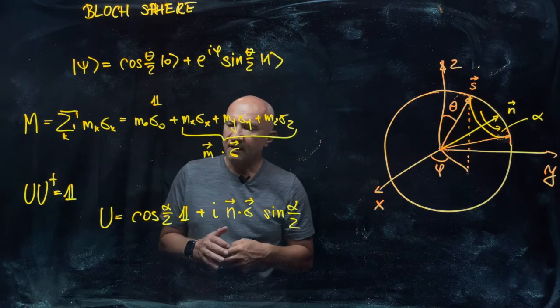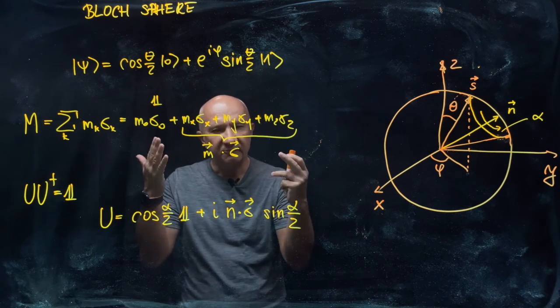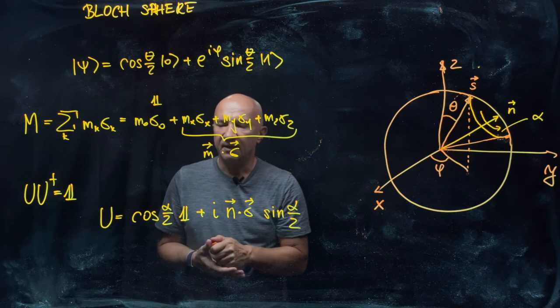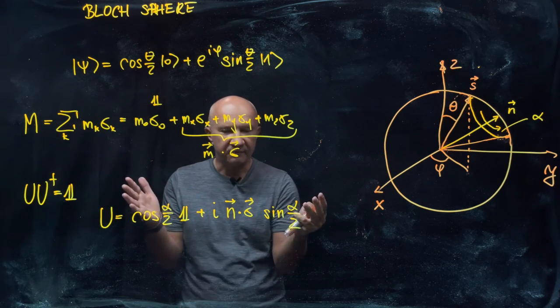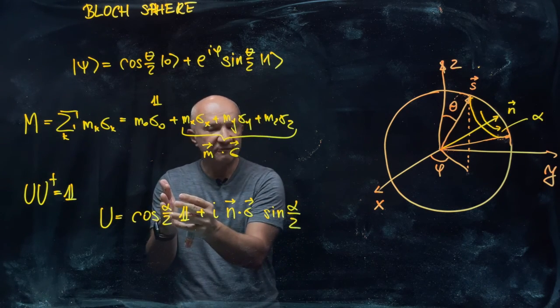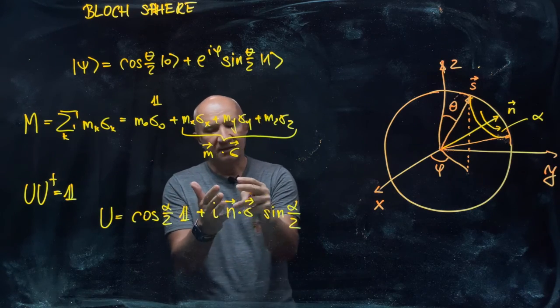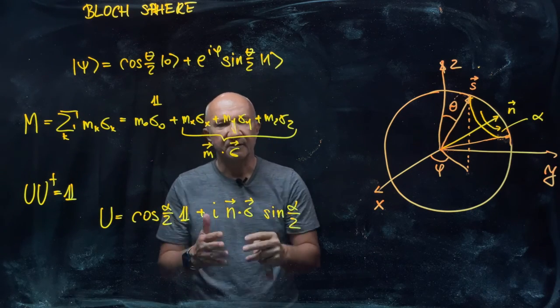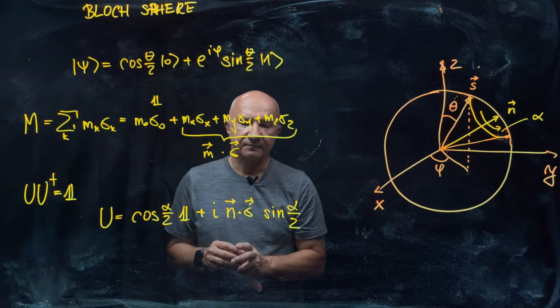So you can see that any unitary matrix, up to a global phase factor, acting on a qubit can be characterized essentially by three parameters. That is alpha, and the other two real parameters specify the unit vector n.